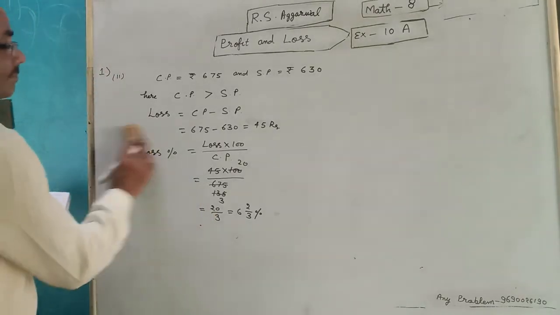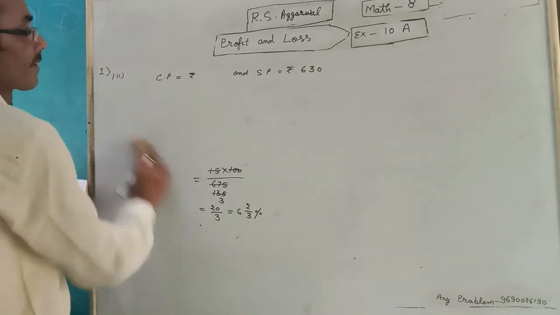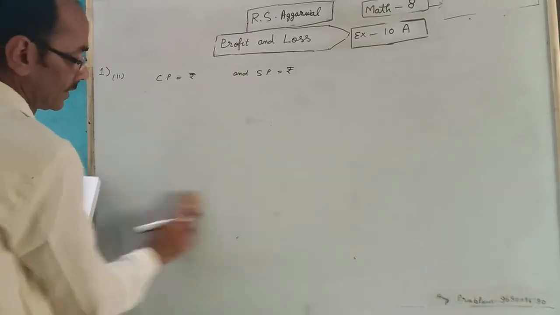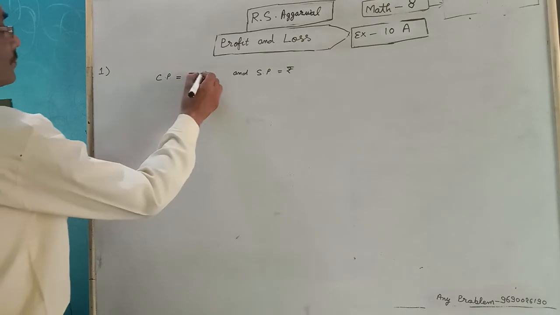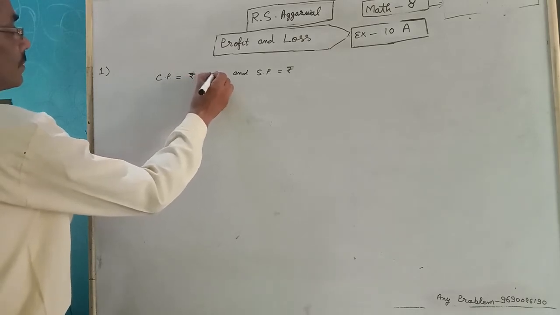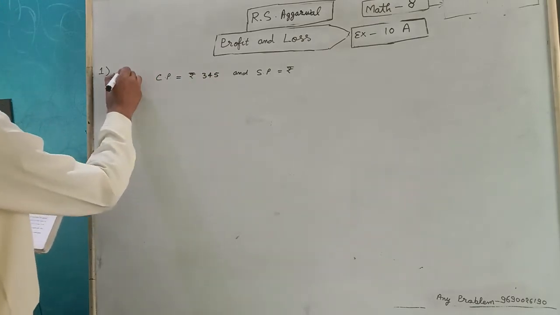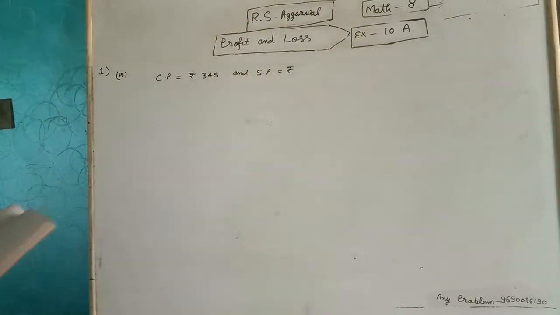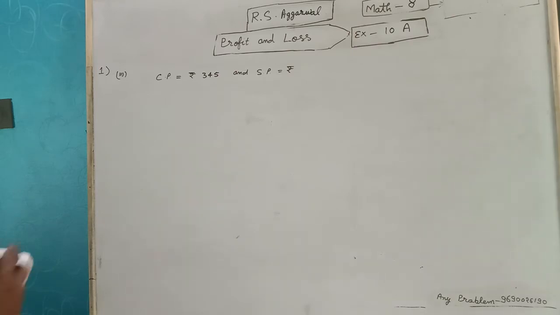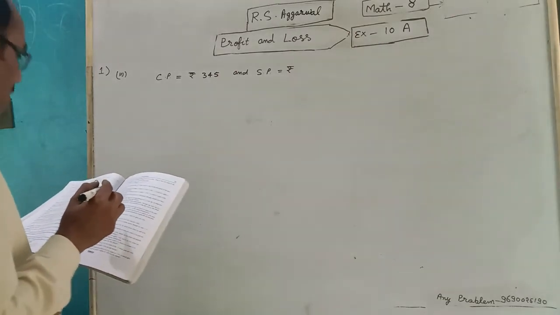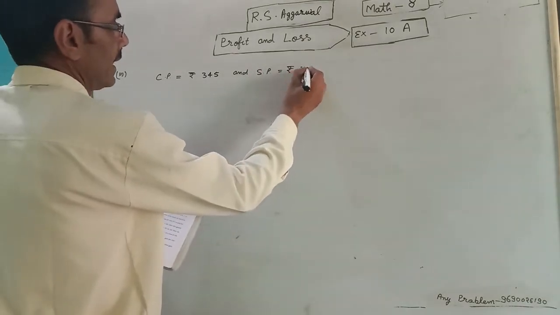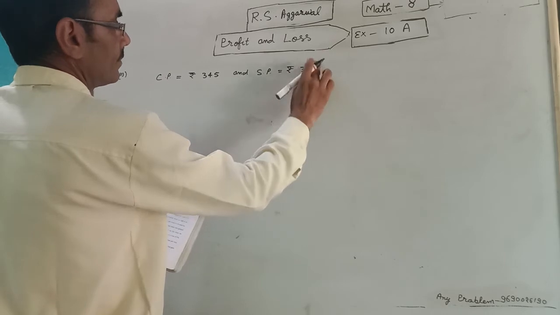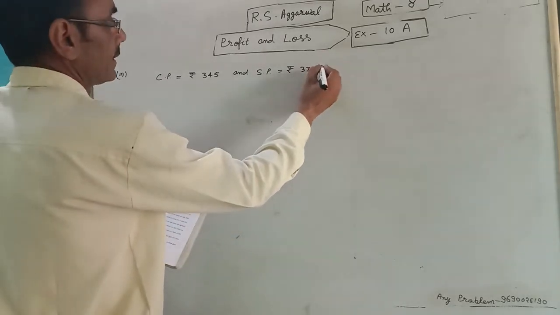Third part is CP is equal to 345 and SP is equal to 372.60.